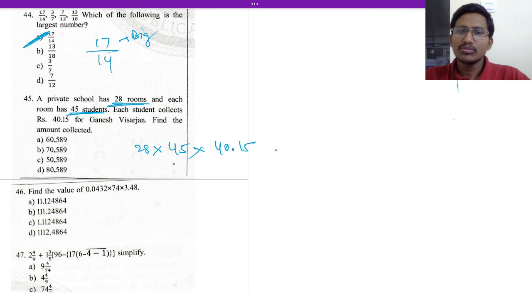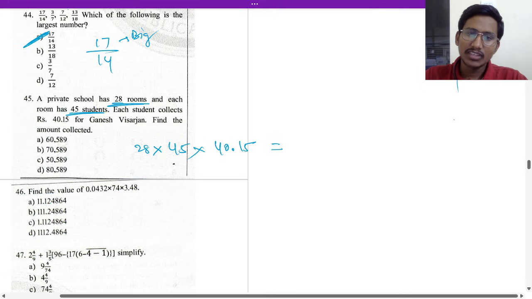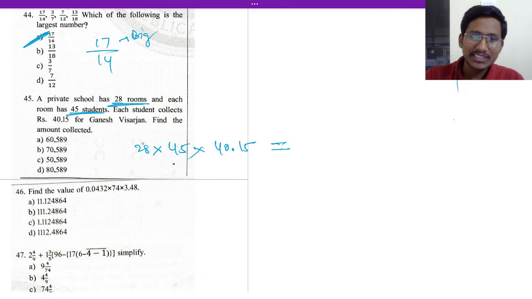To make it easy, 28 is 7 fours, so 45 fours is how much? That is 180.